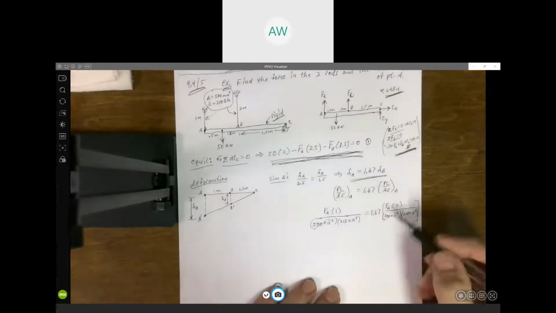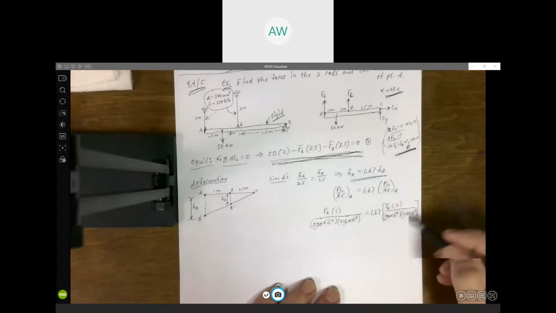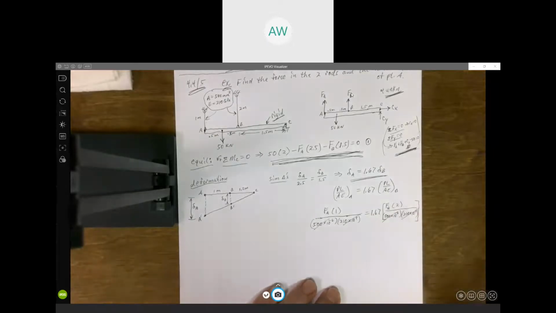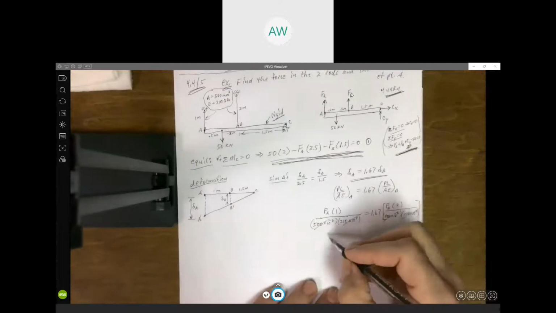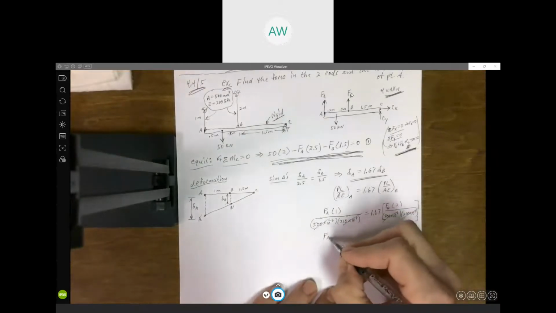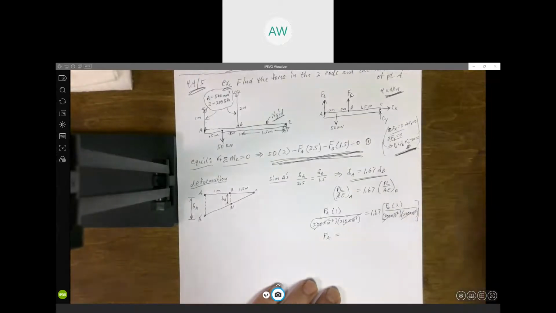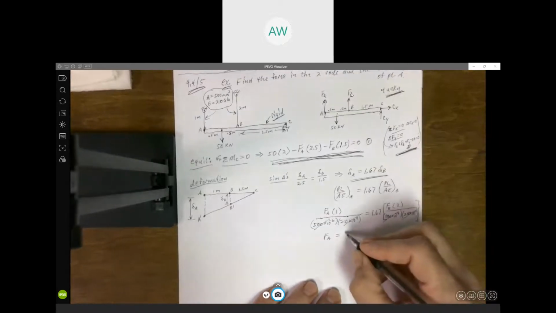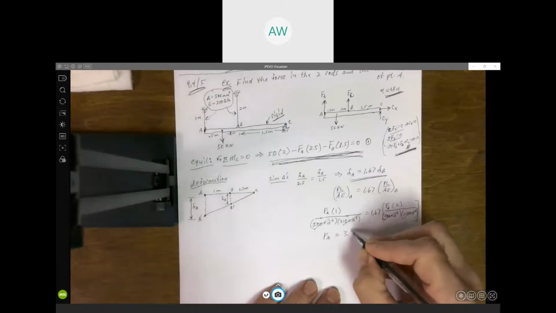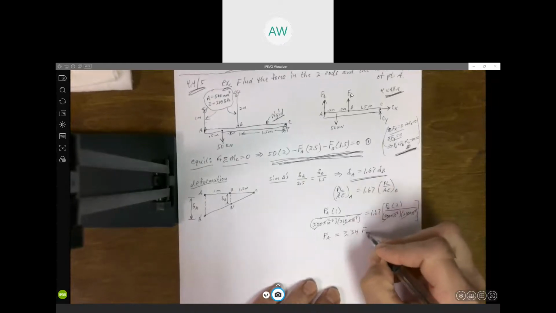But again, these are the same. We're going to cancel those. And if they're not the same, obviously we couldn't cancel them. But what we wind up with here is FA is equal to 2 times 1.666, or whatever you round it, I round it 3.34 times FB.